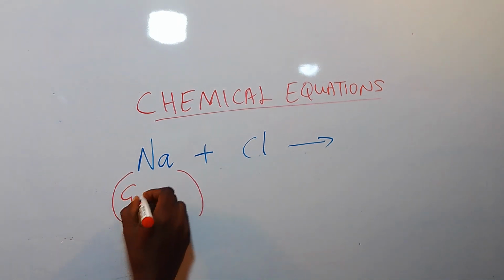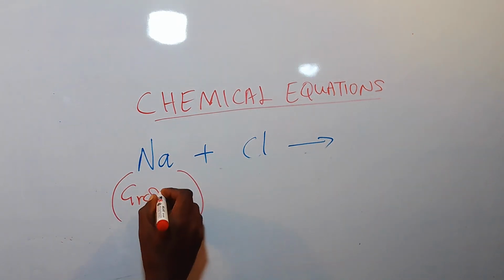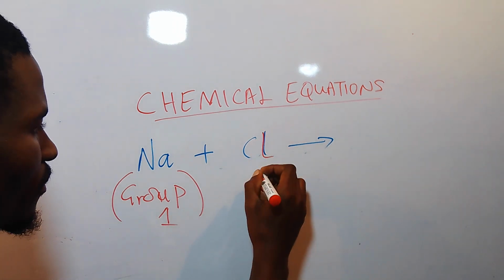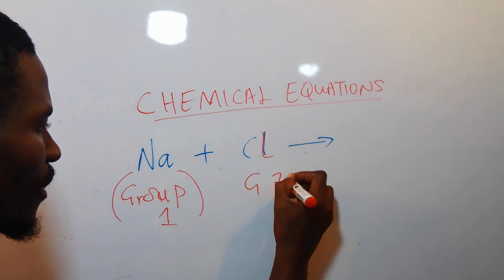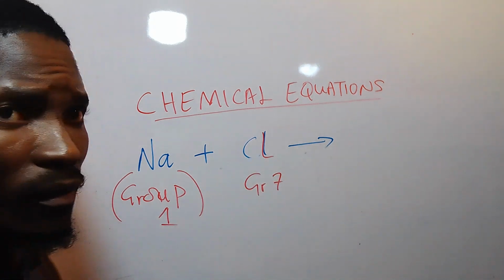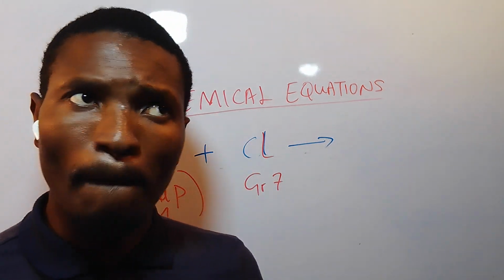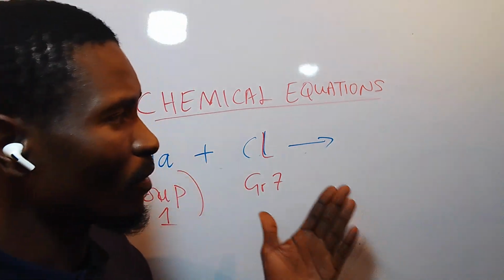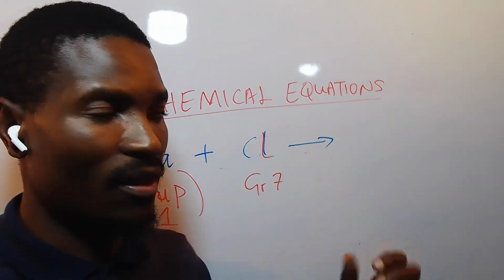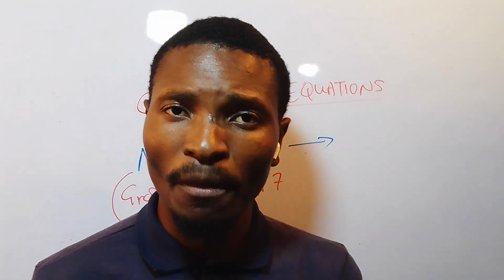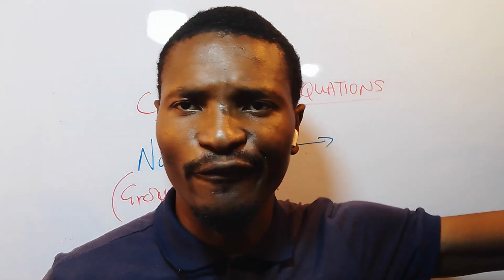this sodium is in group 1, and then also chlorine is in group 7, okay? Chlorine is in group 7. So, now, the secret is that when two elements combine together, okay, the idea is that it's not about forming whatever they're forming, okay?